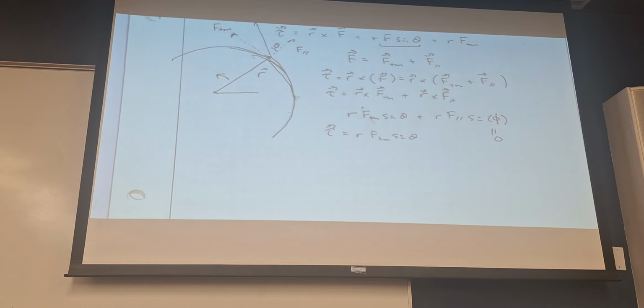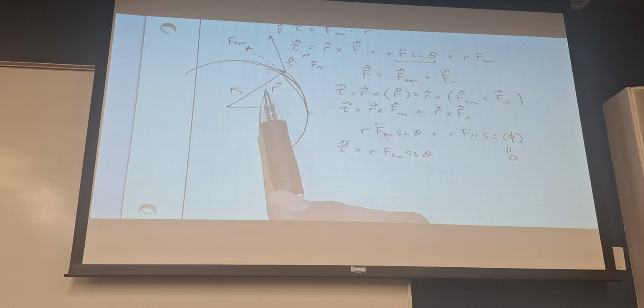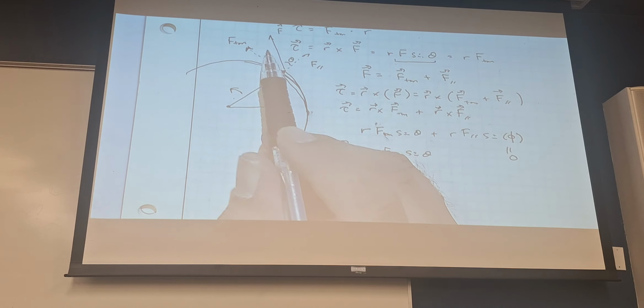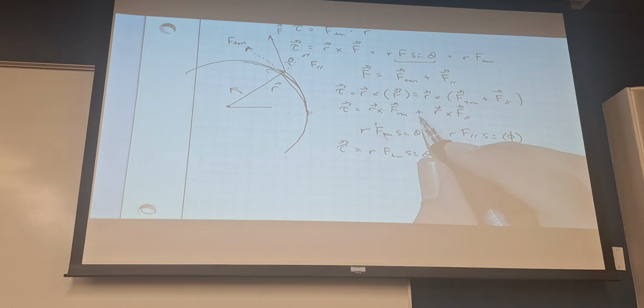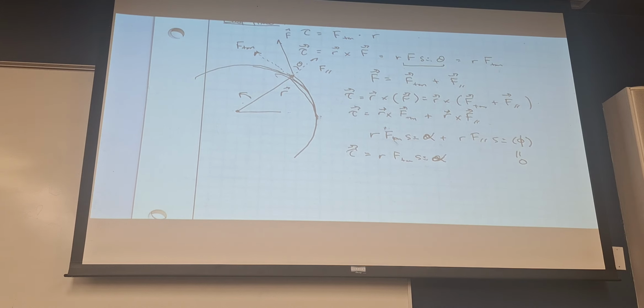And then theta here, sorry, I drew this kind of wrong. This is theta between F, not theta between F tan. So let's make this a different angle. Let's make this alpha. So where is alpha on this image if we were to draw it?